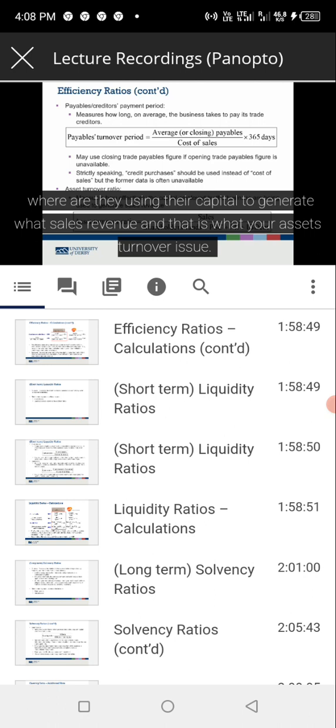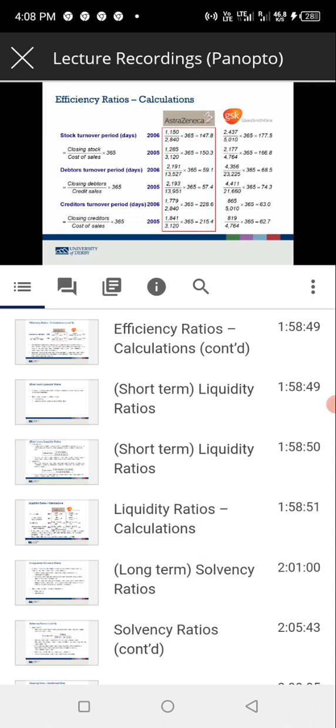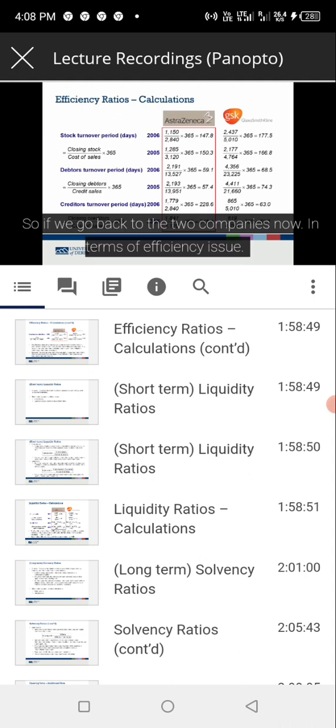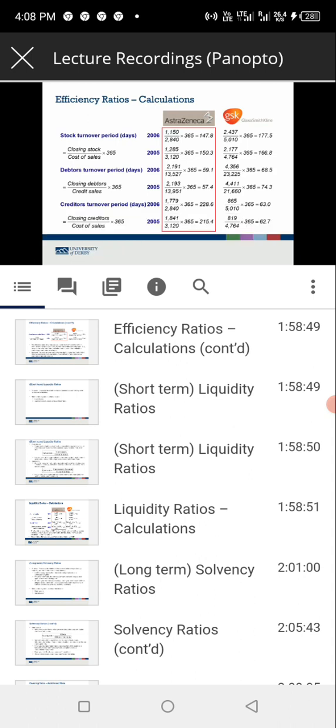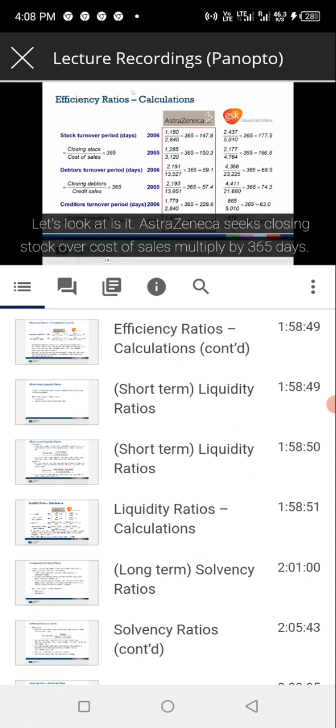And that is your asset turnover ratio. So if we go back to the 2 companies now, in terms of efficiency ratio, let's look at AZ, AstraZeneca, for 2006: closing stock over cost of sales multiplied by 365 days.